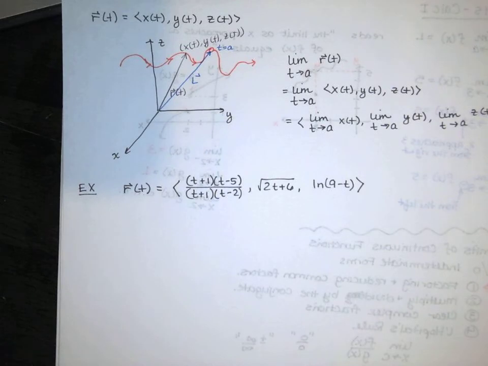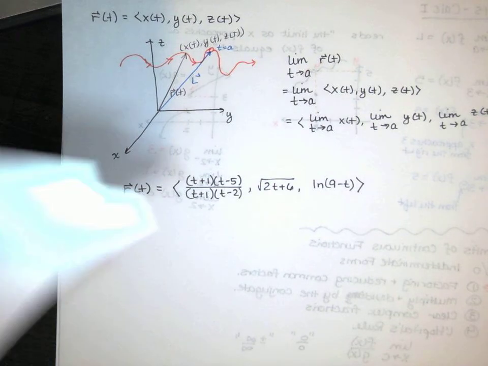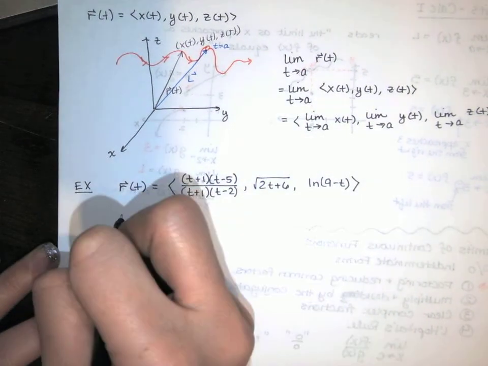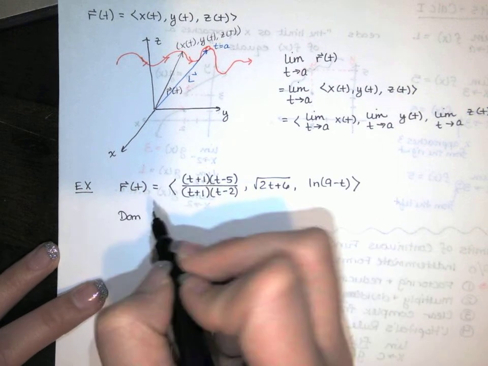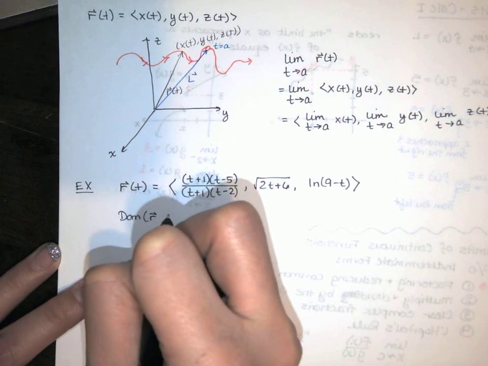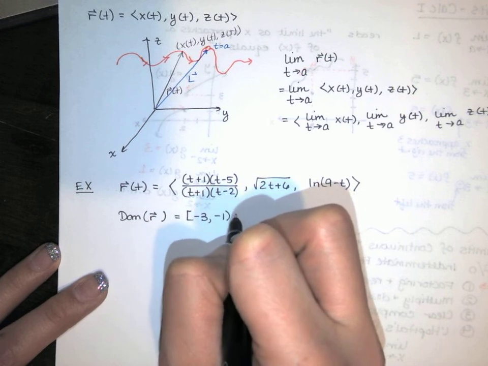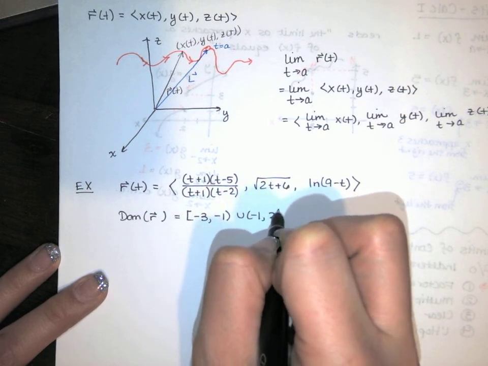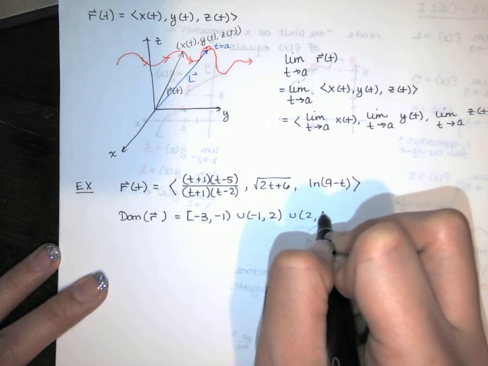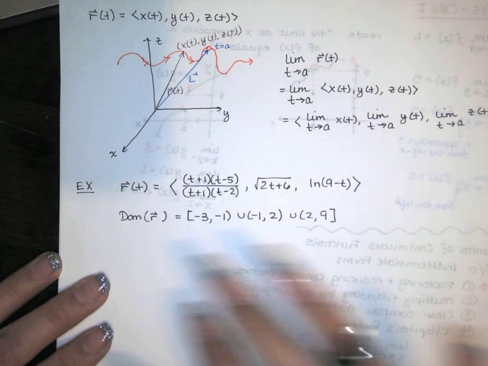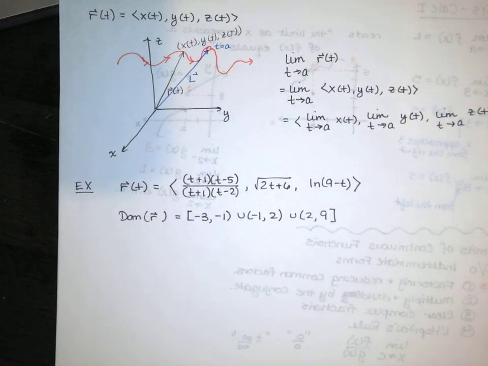And let me see if I can find what we wrote down there. Our domain turned out to be this sort of really complicated looking union of intervals: -3 to -1, union -1 to 2, union 2 to 9. And any of those t values is a-okay with us, okay?